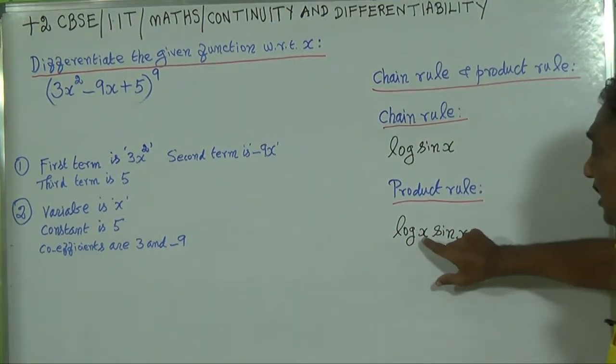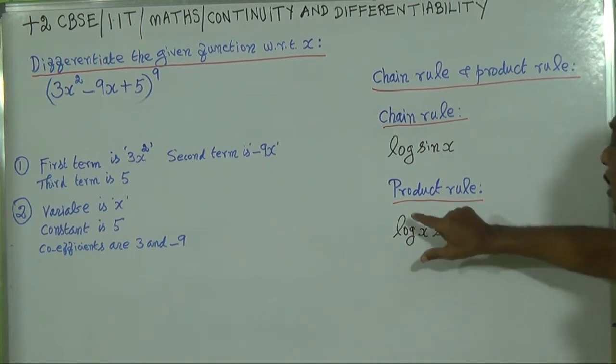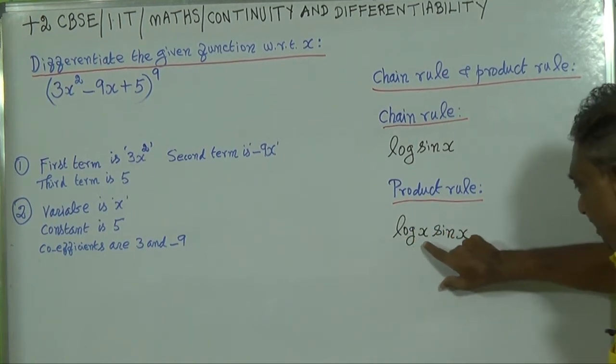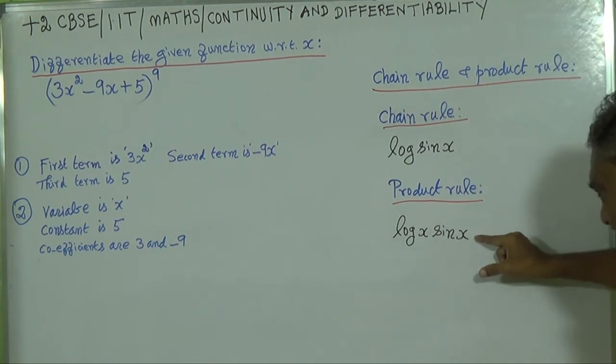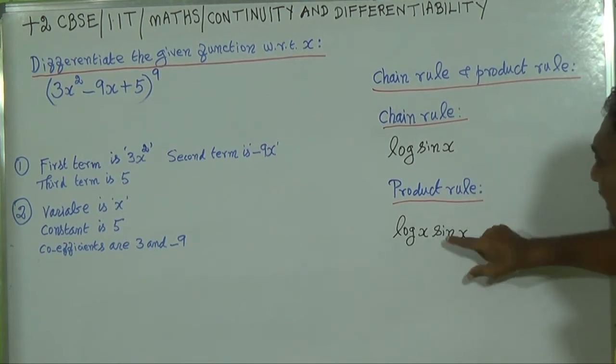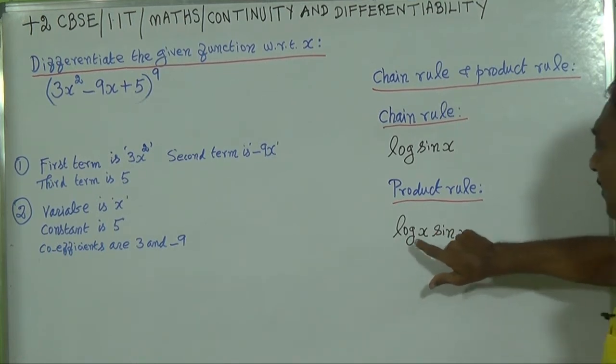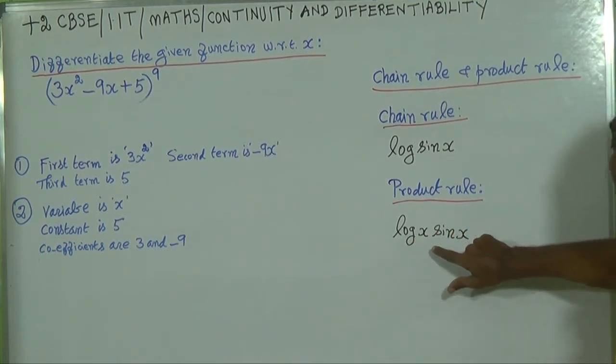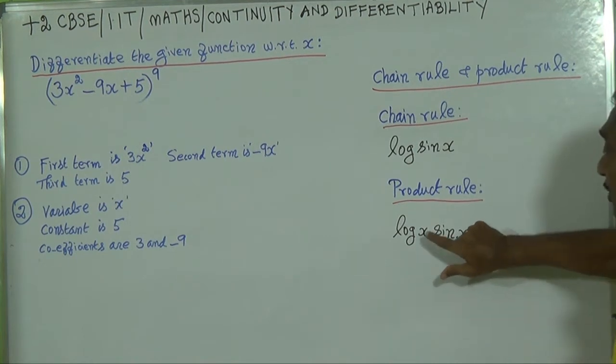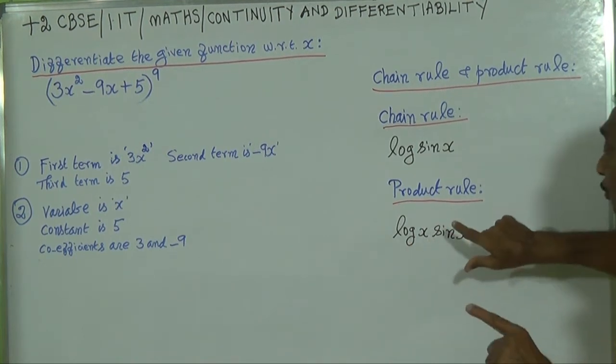First, the variable x has come with a logarithmic function, then the same variable x has come with the sine trigonometric function. So if the function has come in such manner, we should differentiate as per the product rule.